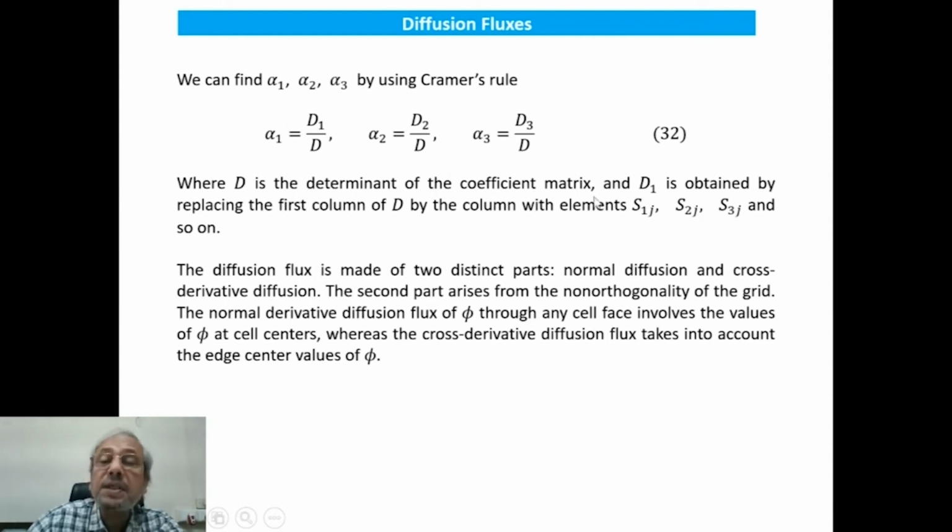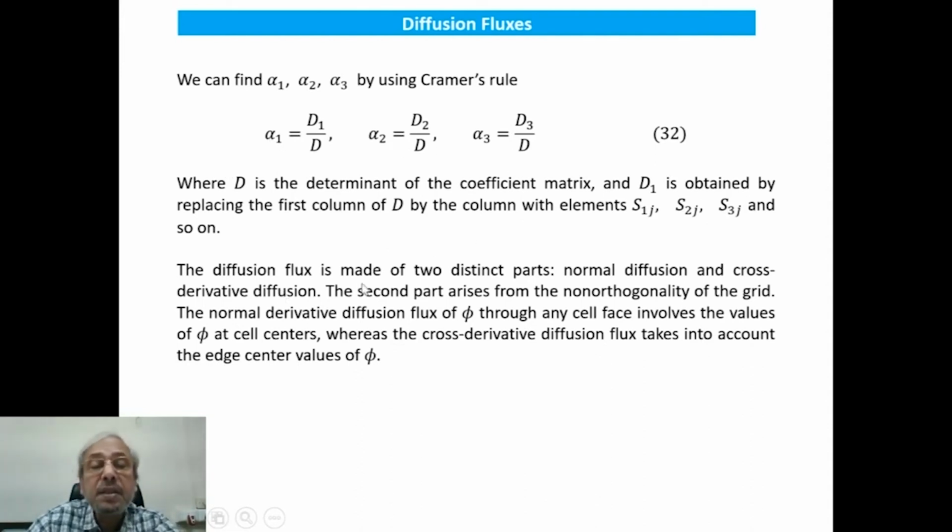So basically the first column will be replaced by these quantities, then we get D1. The second column is replaced by these quantities, we get D2, and the third column is replaced by this, then we get D3. Dividing by D, we will be able to find alpha 1, alpha 2, alpha 3.